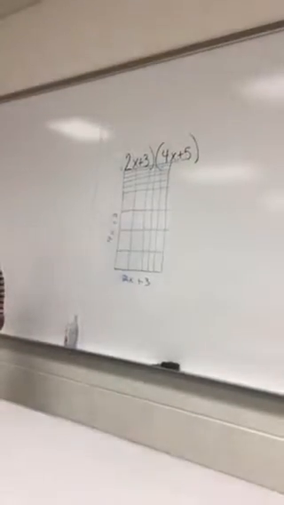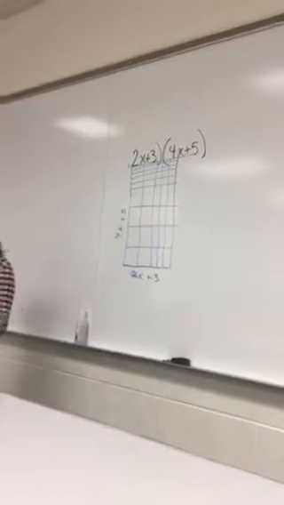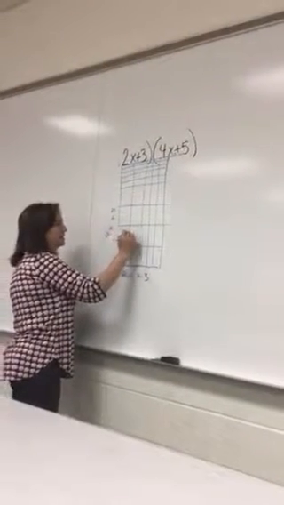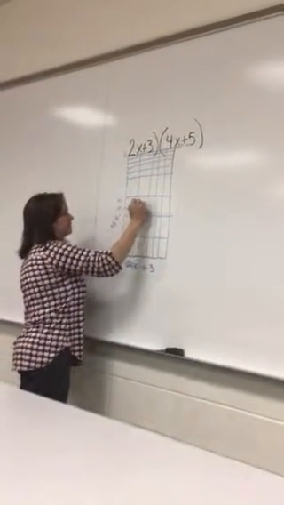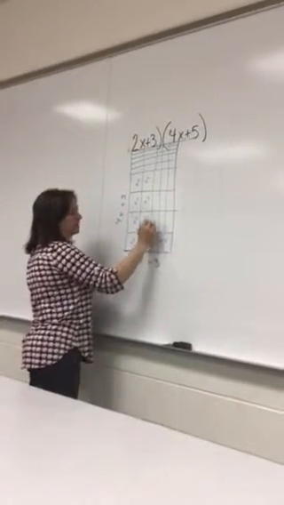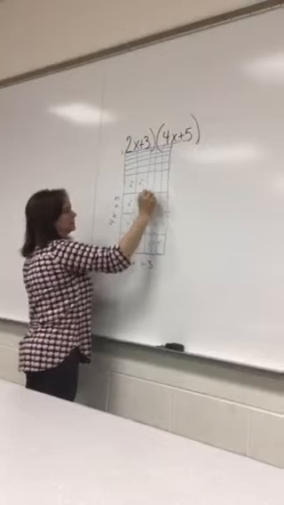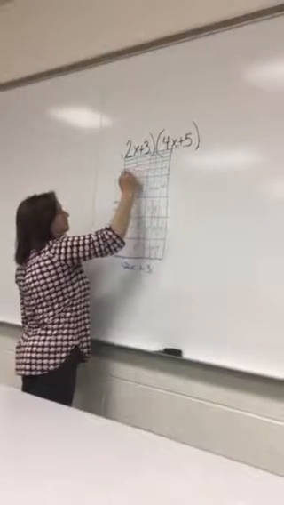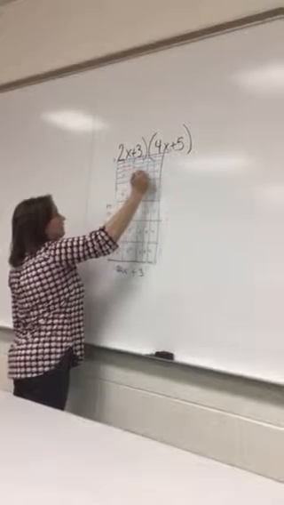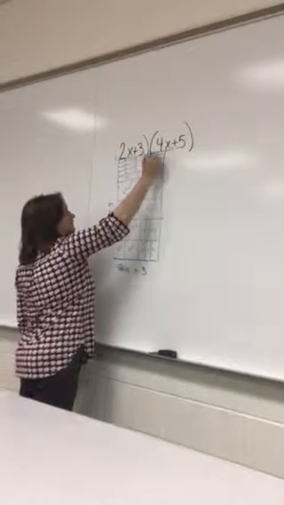And then if I wanted to figure out my final answer as an area of the parts, these are my x squared tiles, and then I've got x tiles here, and then these are my ones.